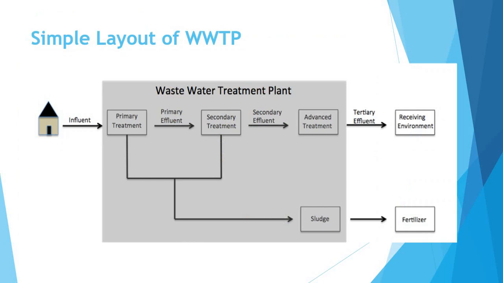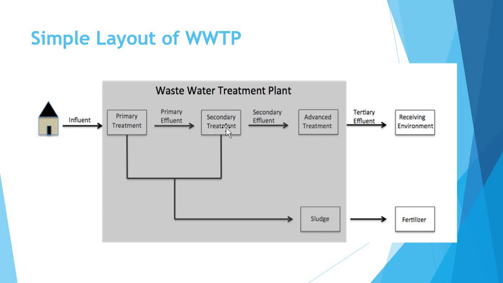So this is a simple layout of a wastewater treatment plant. This is a line diagram. The influent from the source enters the primary treatment, and from the primary treatment the primary effluent enters the secondary treatment, and on the other hand the primary sludge enters the sludge digestion chamber.